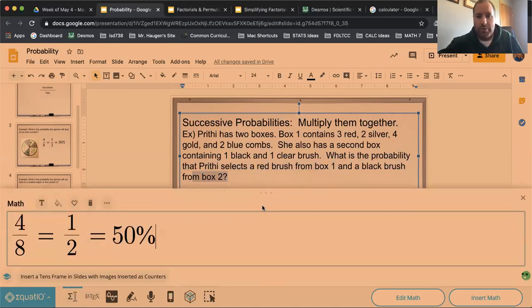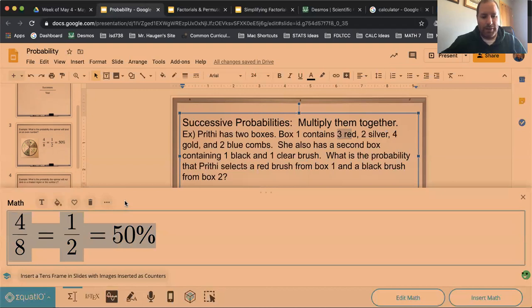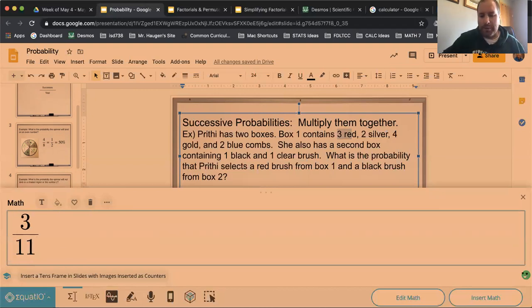If I look into box 1, there are 3 red out of a total of 3 plus 2 plus 4 plus 2, so 3 out of 11. In the second box, we're looking for 1 black, so that's 1 out of 2.